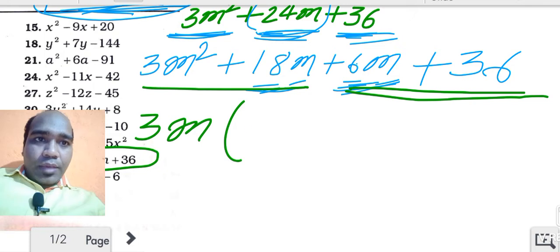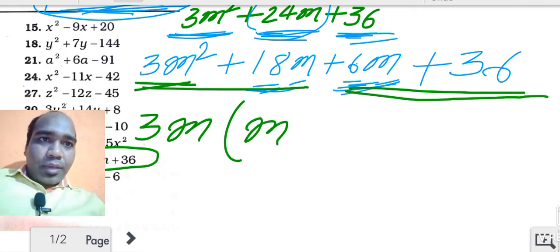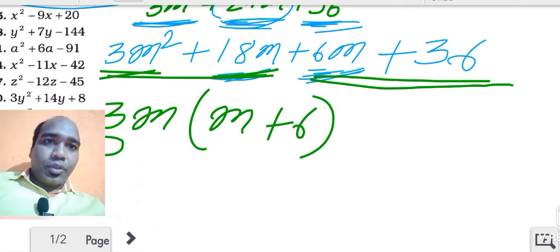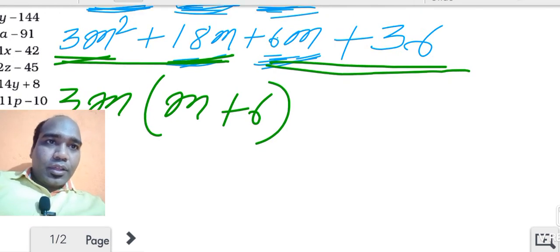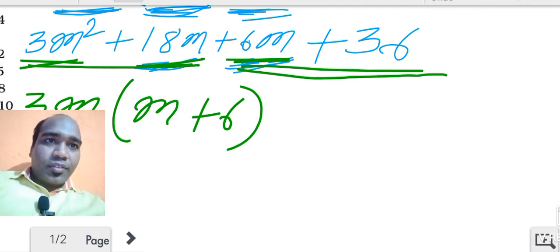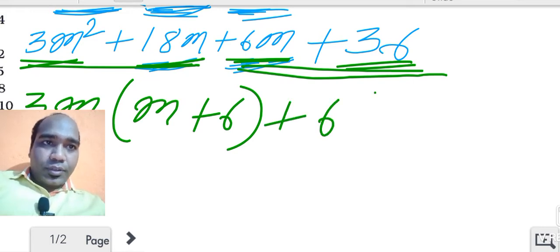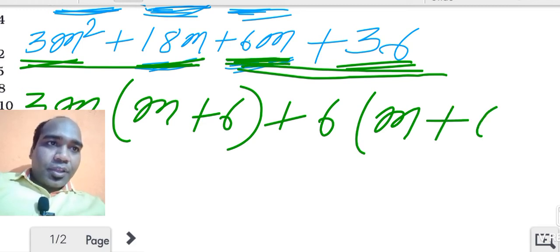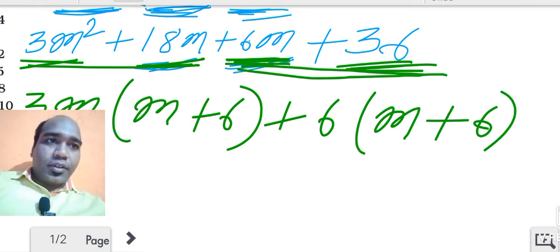Then 3m into m will get 3m square, and 3m into 6 will get this 18m. Okay, so this part we have done. Now here what can we take common? 6m and 36. We can take common 6 only. So 6 into m will get this 6m, and 6 into 6 will get this 36.